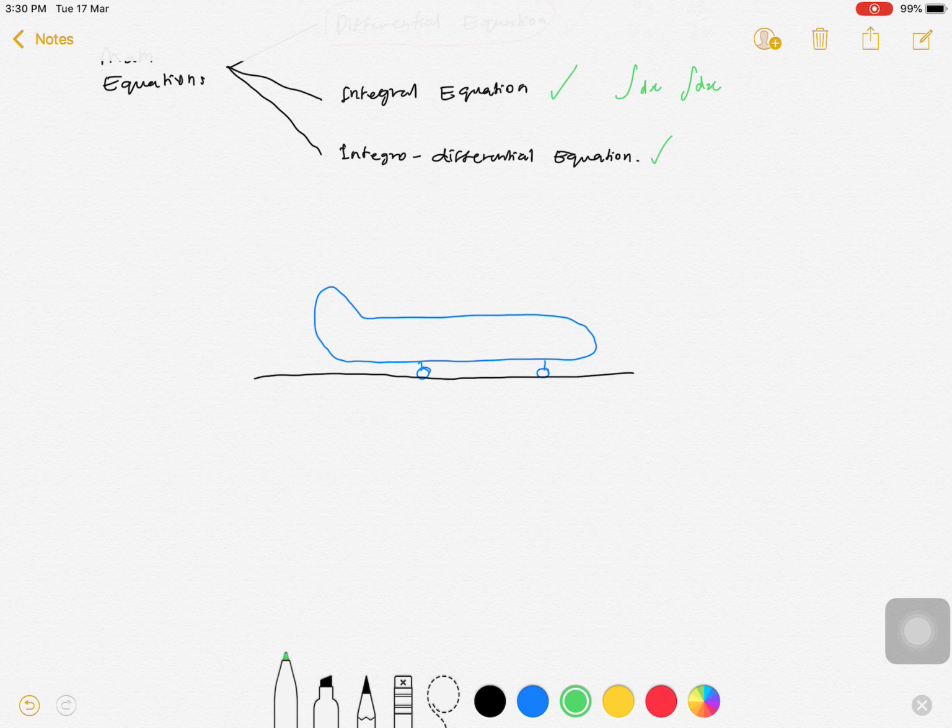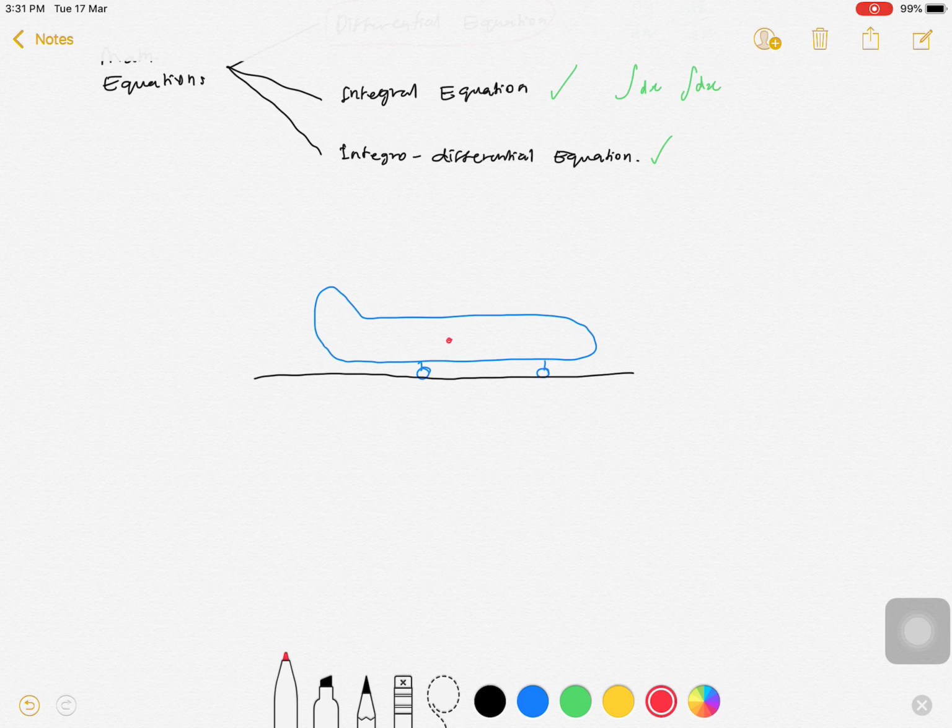We have the runway, and in this problem we want to know what length of runway is suitable for this aeroplane to take off. So we need to consider all forces involved in this problem. Let's say this is the center of gravity.